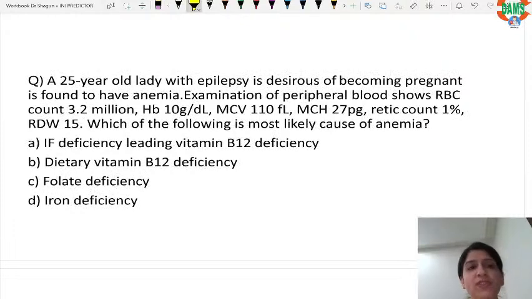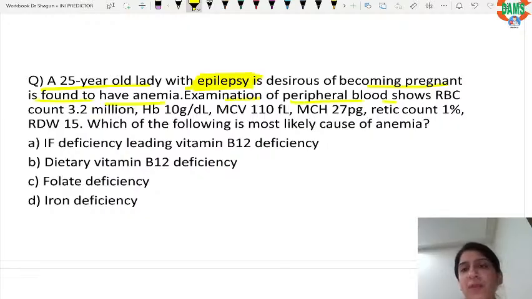The next question says a 25-year-old lady, be very careful, classical MCQ clue points. A 25-year-old lady with epilepsy is desirous of becoming pregnant and is found to have anemia.